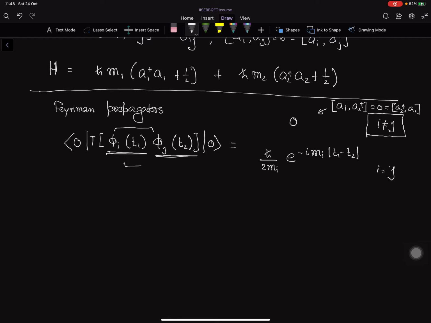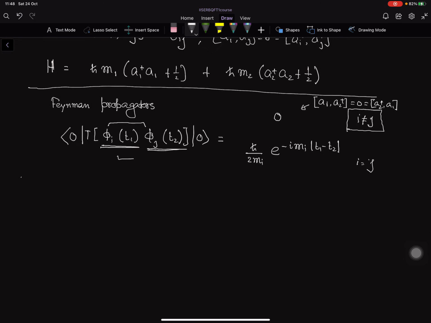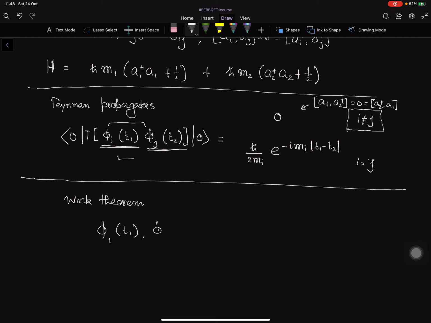Then when we try to apply Wick's theorem, the contraction of phi 1 and phi 2 is 0.